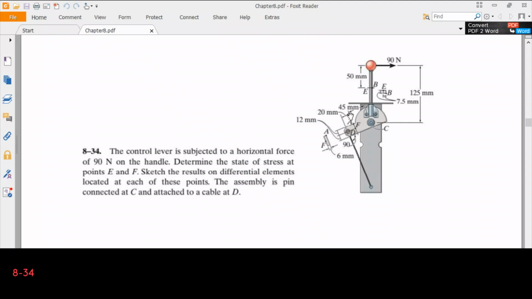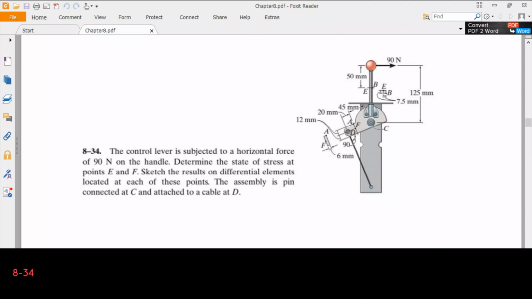So in order to calculate the internal forces and moments in this cross section, and it is the same for the point E, in fact, we don't need to calculate the reaction forces at point C, because we can make a cut from here, and then from the equilibrium conditions we can easily determine the internal moments and forces, and then we can calculate the state of stress at these cross sections.